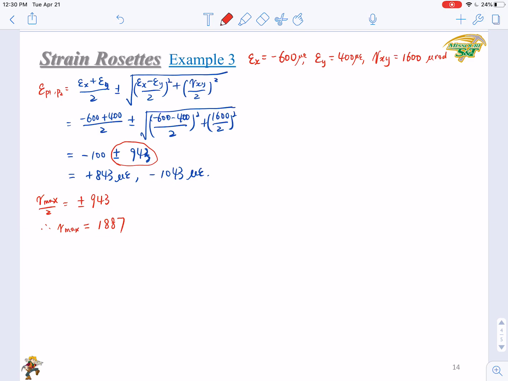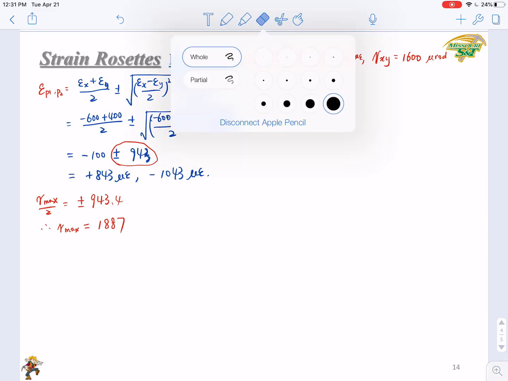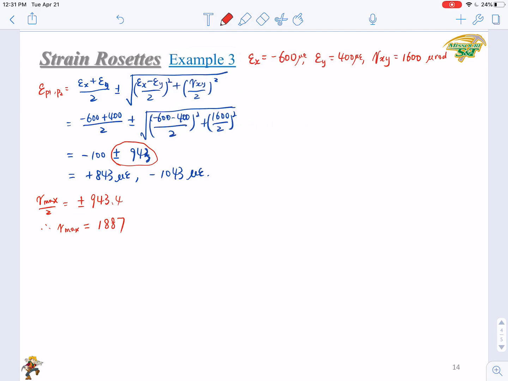More strictly speaking, if you count in the number after it, 0.4, you get 1887 or 1884. This is just a small error.